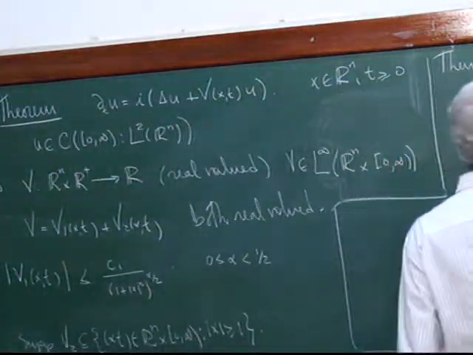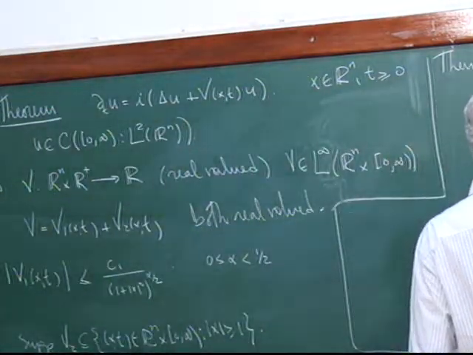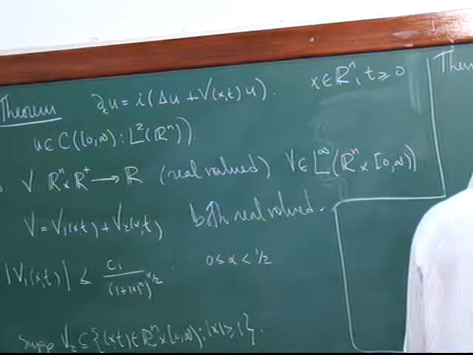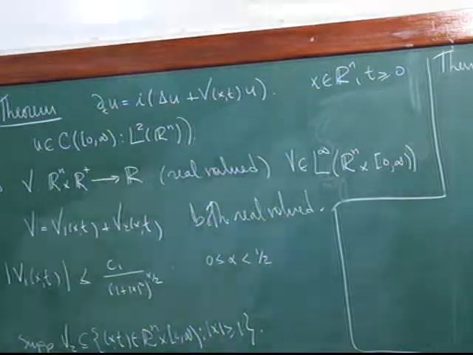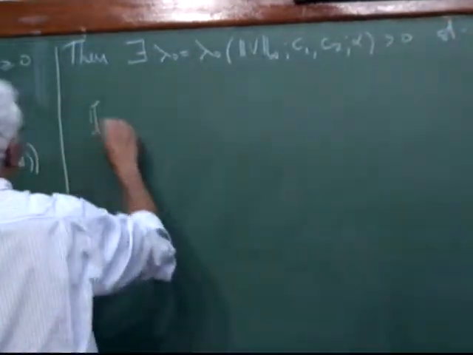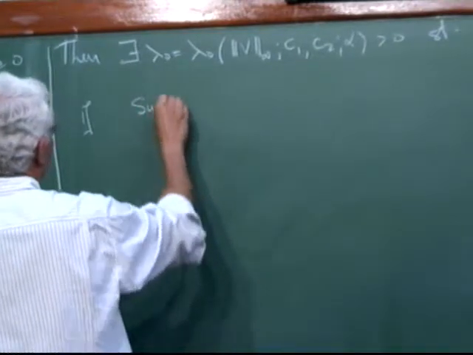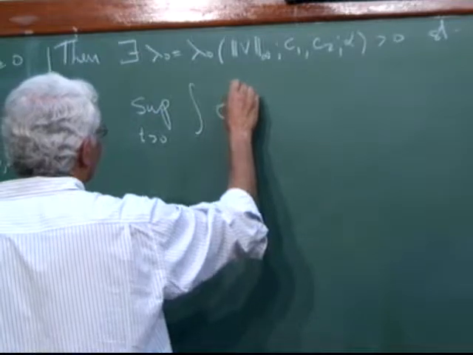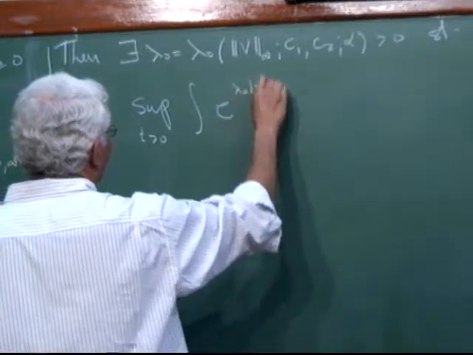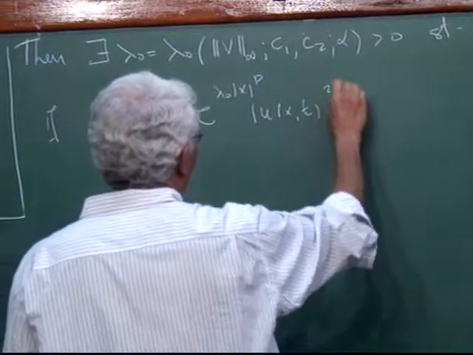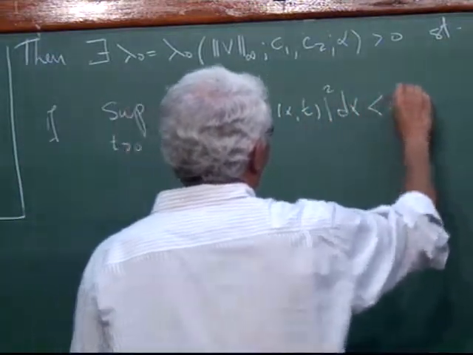There exists a constant that depends on the L infinity norm of C1, of C2, and maybe of alpha, such that if globally you decay like this quantity, then you are 0.